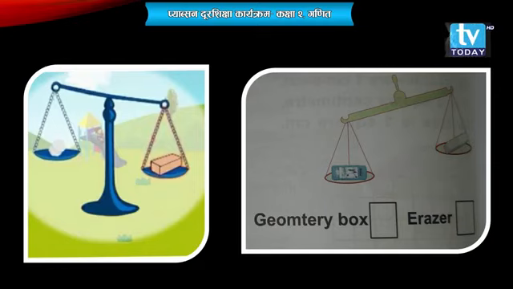Done? Okay. In this way also, by measuring the heavier object and the light object, we can easily identify the weight of the given objects. Right? First question, we have solved it.